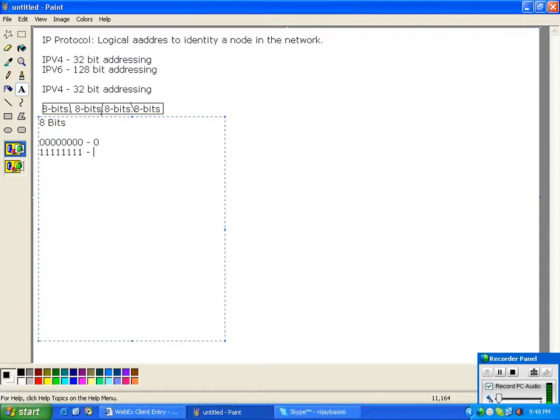If you convert an all-ones 8-bit binary number to decimal, you will get 255. The maximum number that I can use in an IP address is 255. So 0 to 255, altogether 256 numbers I can accommodate in each octet.